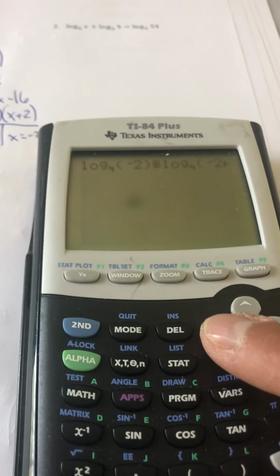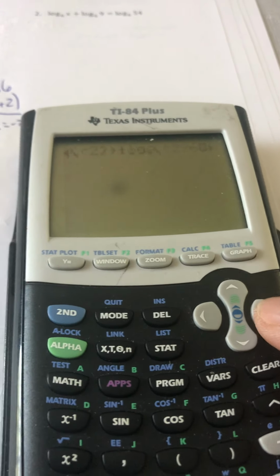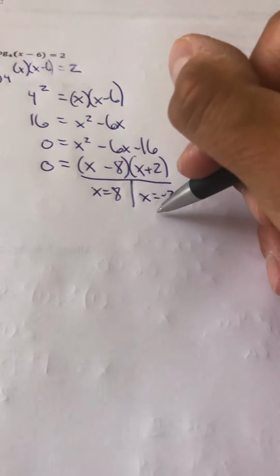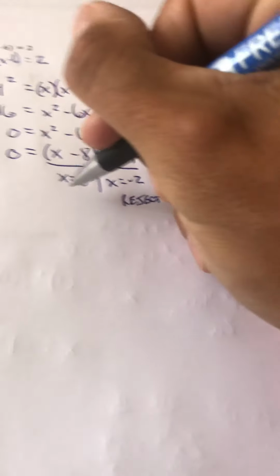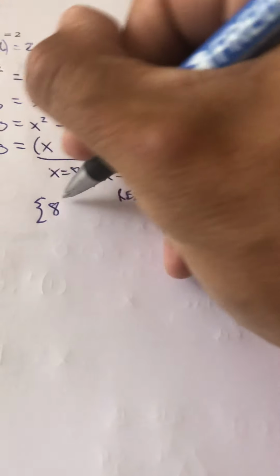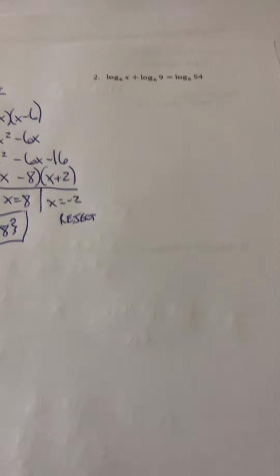Because I get a negative error, just double check, make sure everything's plugged in correctly, and it is. Meaning, I'm going to reject this one right here, and I accept only 8. That happens because you can't take the log of a negative number.